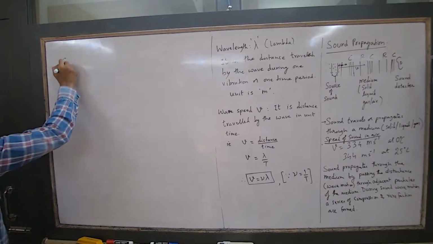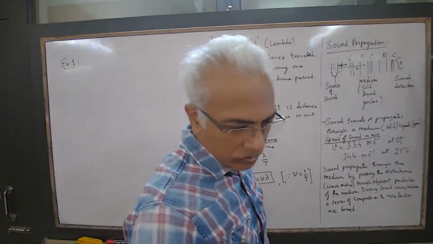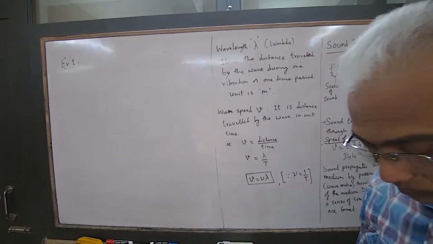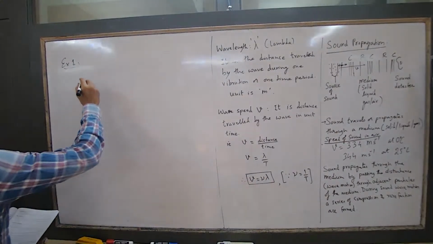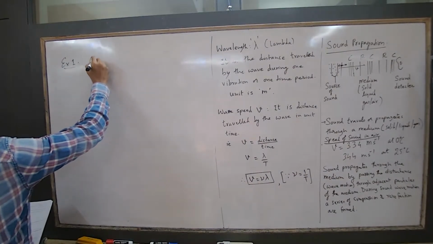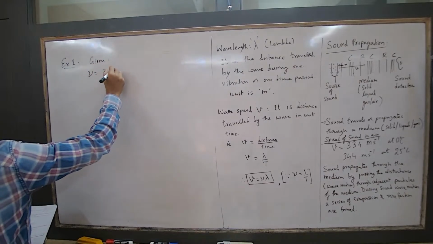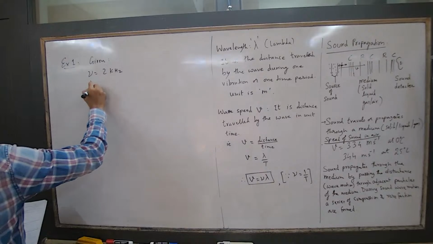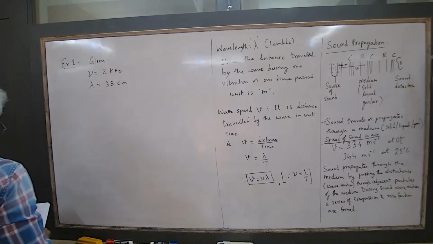What is example 1? A sound wave has a frequency of 2 kilohertz. Wavelength given is 45 centimeter.